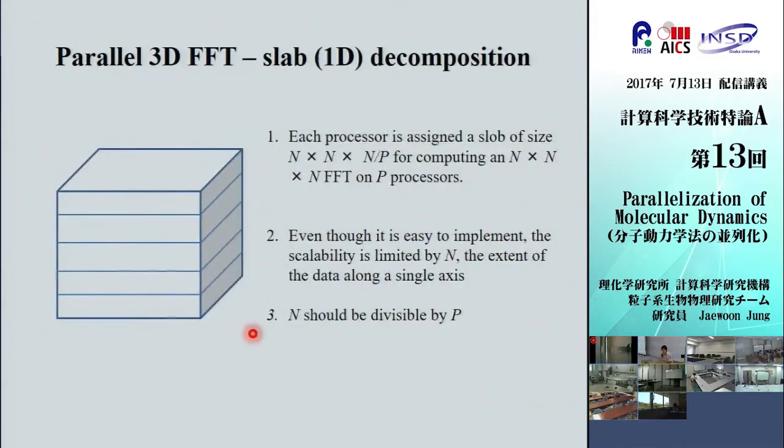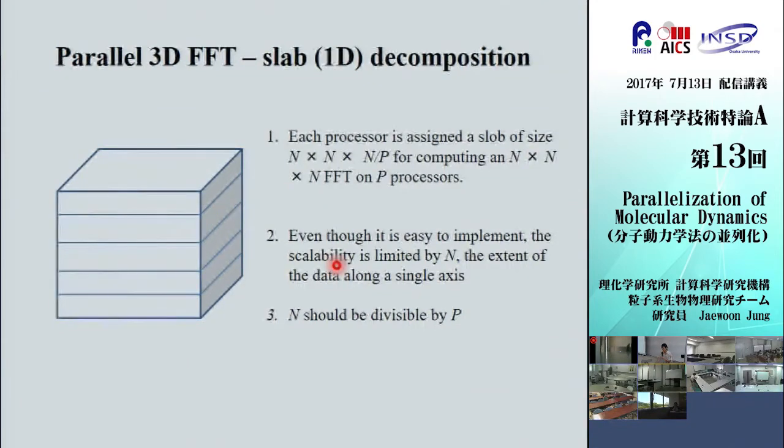In this case, each processor is assigned a slab of size n times n over p for computing an n times n times n FFT on p processors. This is the easiest and the fastest for a small number of processors. But the number of processors should be less than the number of grids.